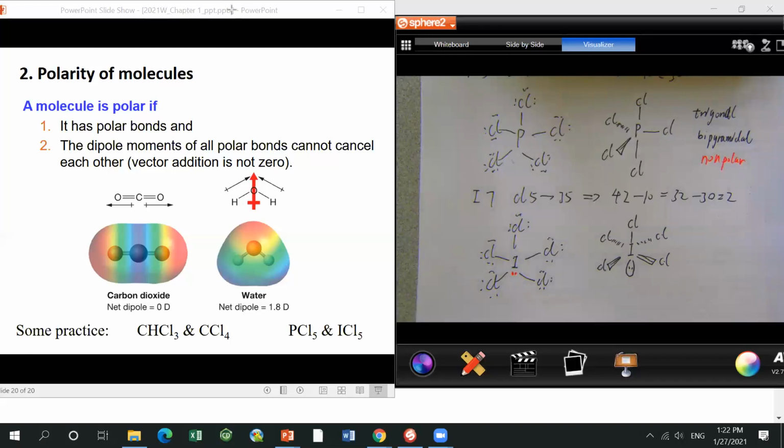So for the molecule shape, it should be square pyramid. Someone gave the right answer.